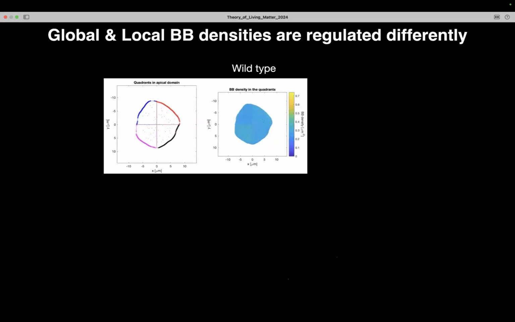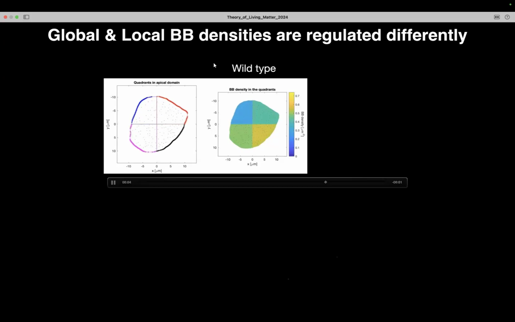If we look at the wild type situation, here we divided the apical domain into four parts, quarters, and looked at where the basal bodies are inserting within these quarters, and plotted on the right-hand side the density of basal bodies within the expanding apical domain.